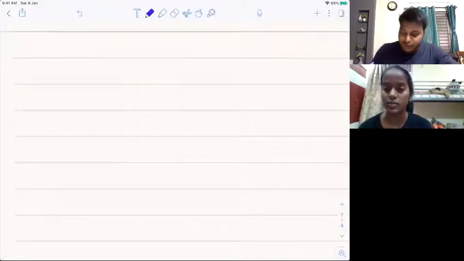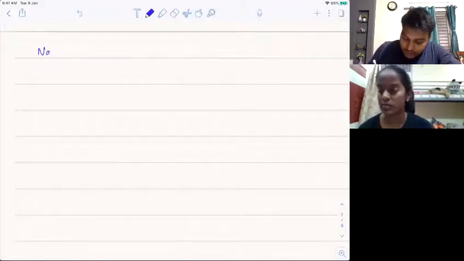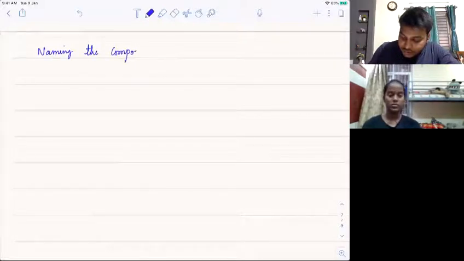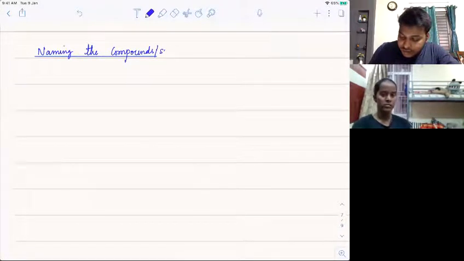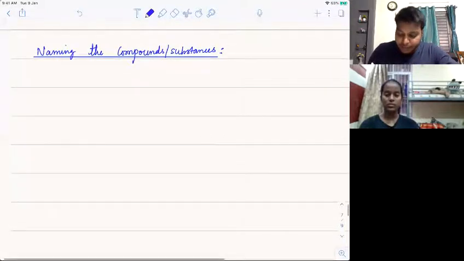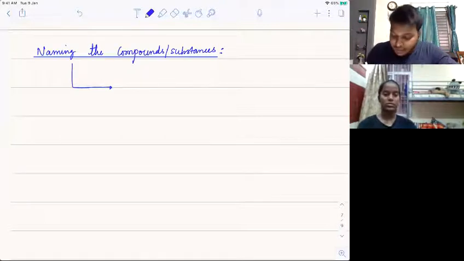So the next topic is about naming compounds, or you can also call them substances. First of all, to name them, we need to categorize these substances into three kinds.